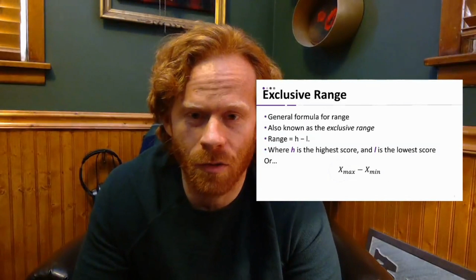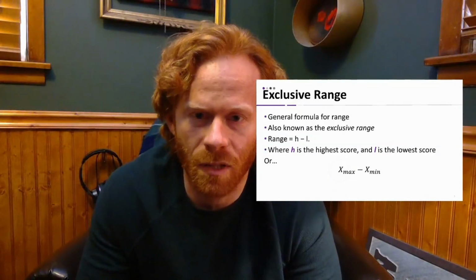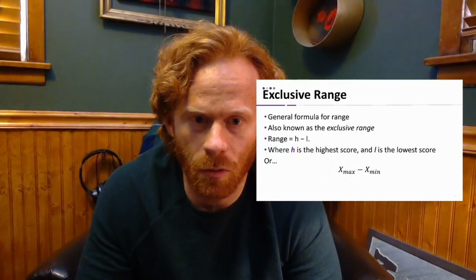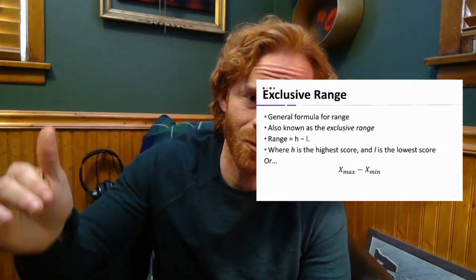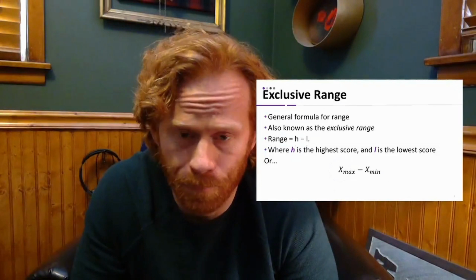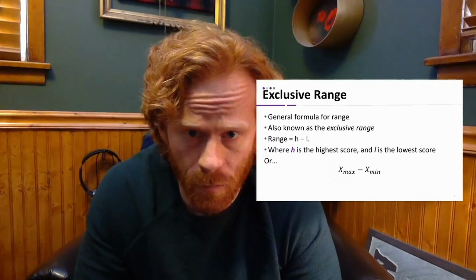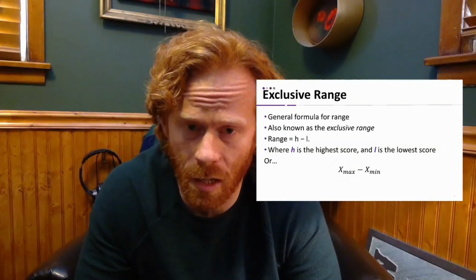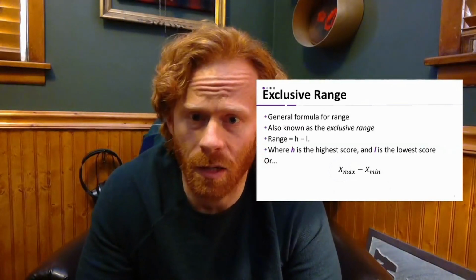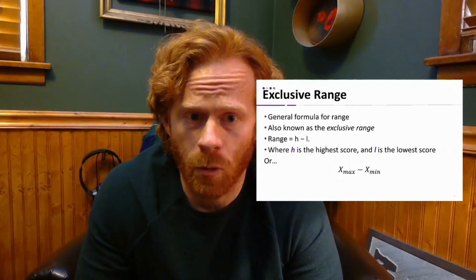The range is going to be the easiest measure of dispersion to calculate. You just take the highest value and subtract the lowest value from that. So that example I gave, we had 5 values that range from 1 to 7 or 7 to 1, however you look at it. So that would be a range of 6. H minus L, H representing the highest score, L representing the lowest score.